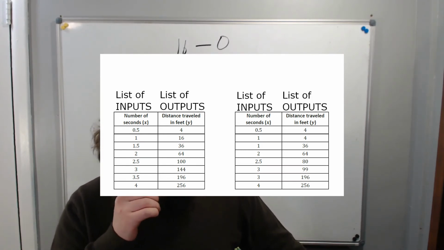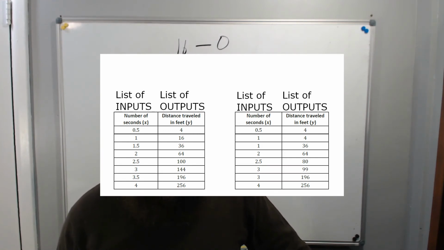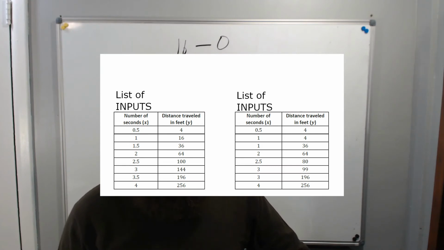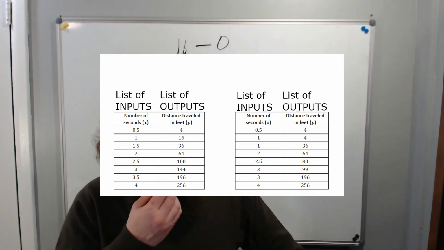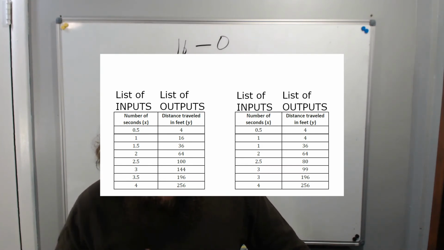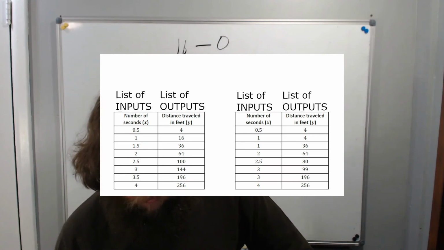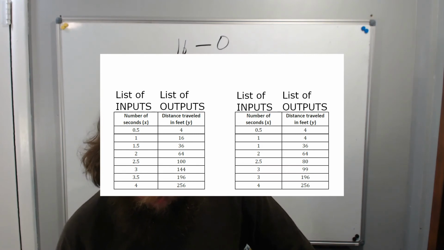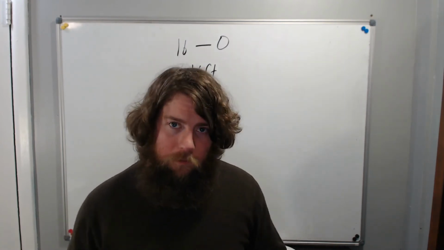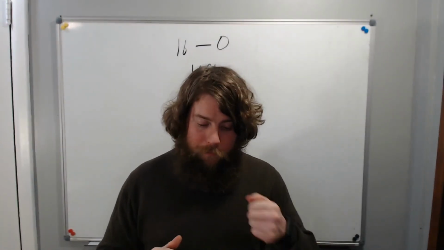So if I say that, just know that I'm talking about x values and y values. x values are inputs, y values are outputs. Look at the list of inputs, or x values. Every single one of them has a value. Actually, in both of the tables, every single input has an output. Great, that's rule number one.